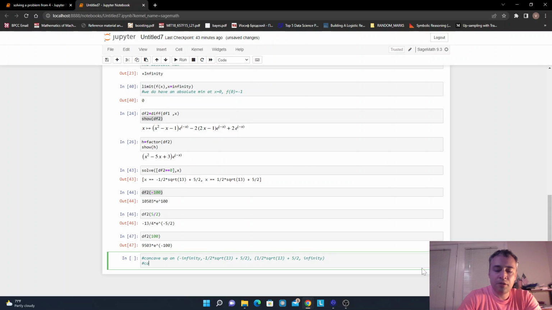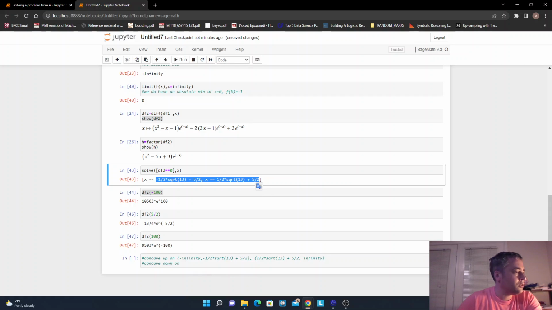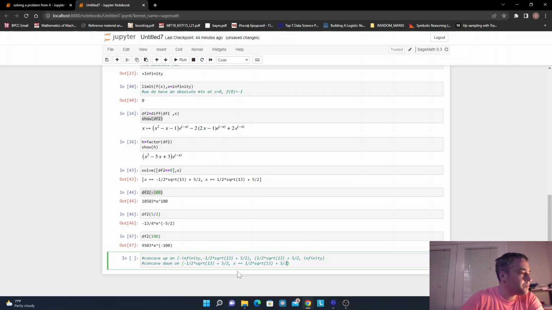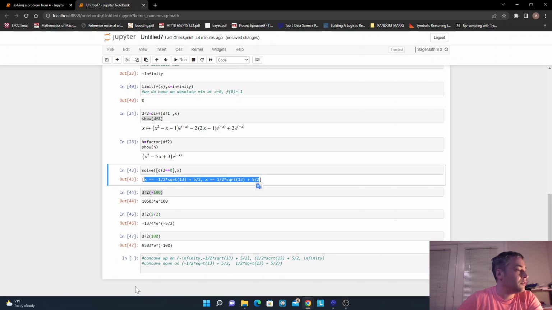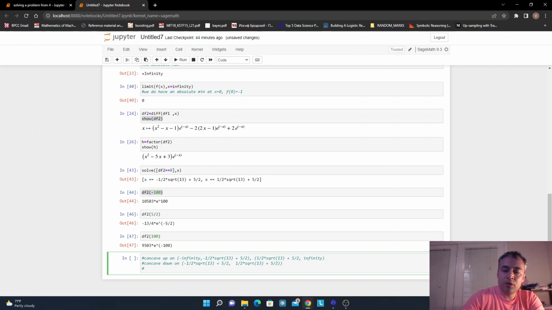And concave down on the interval in between. So I'm just copy pasting from here and I'm making it into the interval. Just delete that, and here is my interval. Consequently, these two x values are actually found to be what? Inflection points.